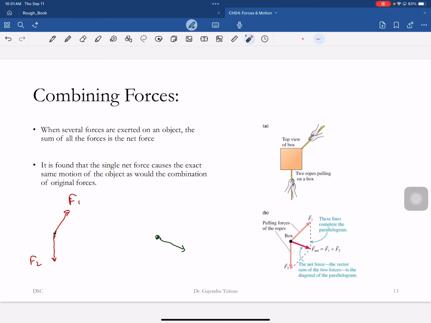On this object you have these two forces acting, or just this one force, which was the net force. You can't tell the difference by looking at the motion of the object. The motion of the object would be identical. So the effect of the net force is the same as the effect of all the forces acting together.